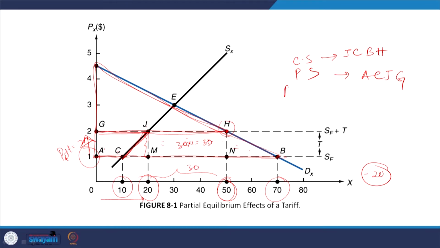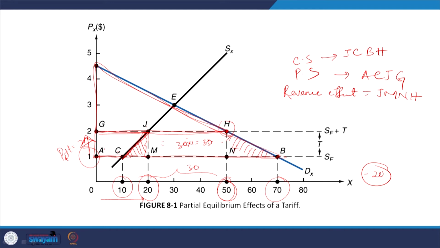The revenue effect is explained as JMNH. So, the net loss to the society is this area, highlighted here, this one and this one: the net losses to the society after imposition of the tariff.